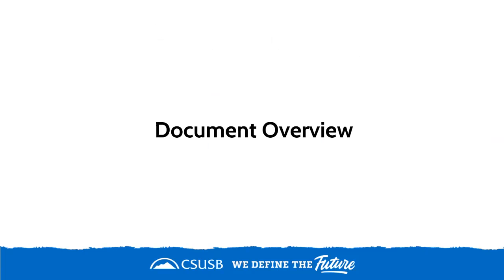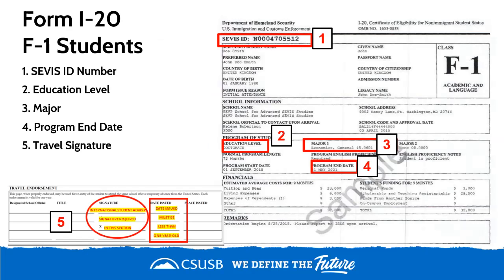So let's talk about some overviews of your documents to give you a better understanding of what forms you have and what they mean to you. For F1 students, they have a SEVIS ID. This is very important. This ID number identifies you in the SEVIS system.